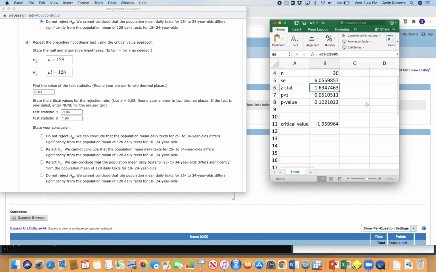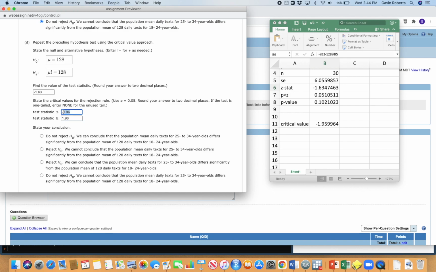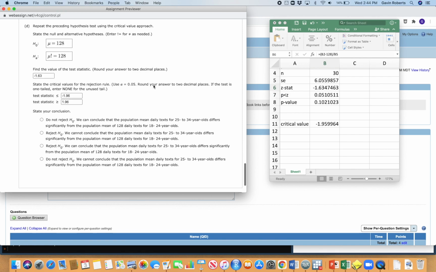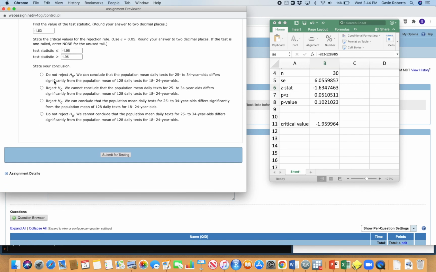If that had happened, our test statistic would have needed to be greater than or equal to 1.96. So when you're doing a 2-tail test, you have to think about both tails. This is the tail we actually ended up looking at, but we could have ended up looking at this tail. That's a possibility. We just found out that we didn't after we observed the 118.1 sample mean, which is lower than 128.